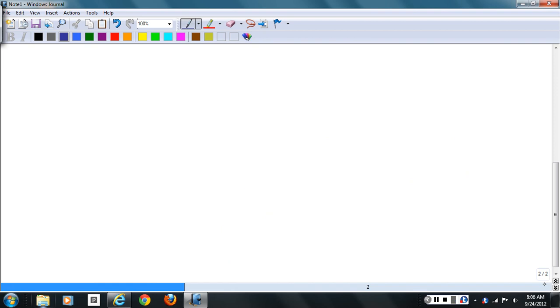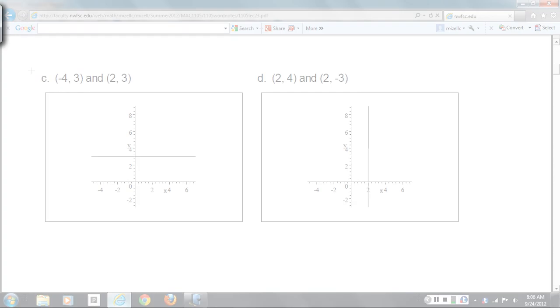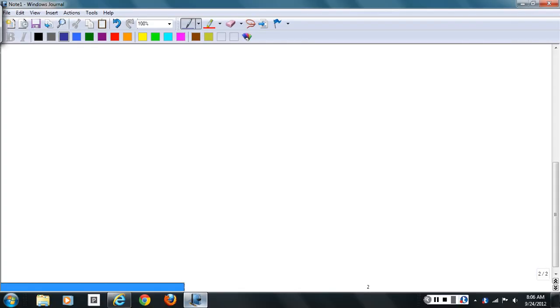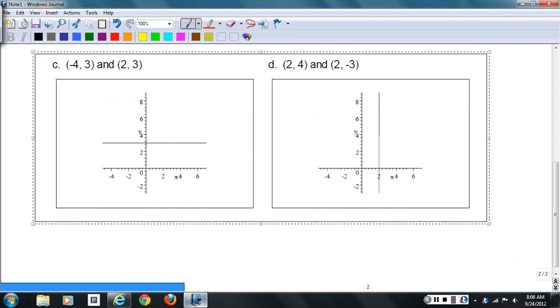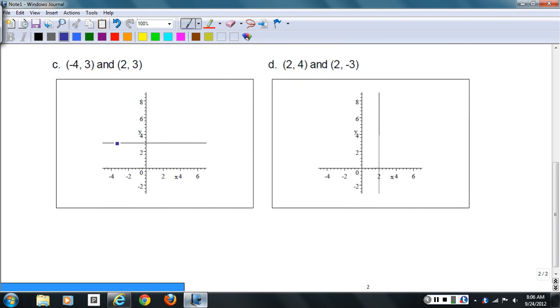So let's look at that example of a line with a slope of 0. The line goes through the point (-4, 3) and the point (2, 3), right there. If the 2 points have the same y coordinate, that tips us off to the fact that it's going straight across. No change in the y value.